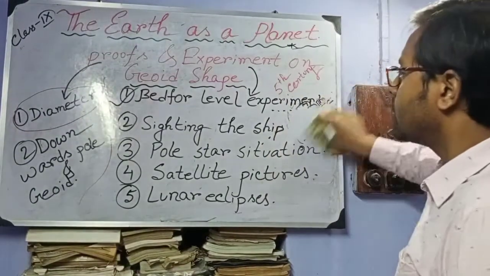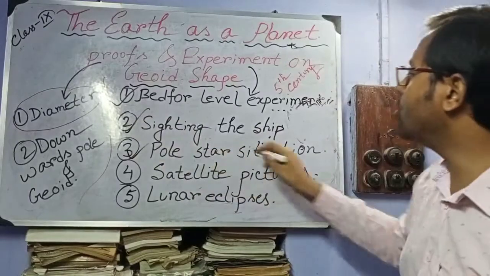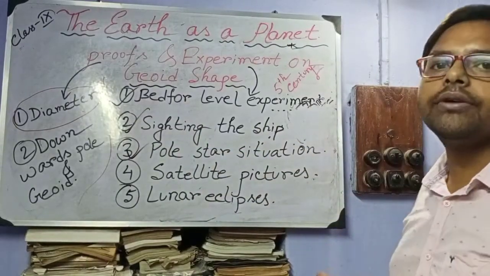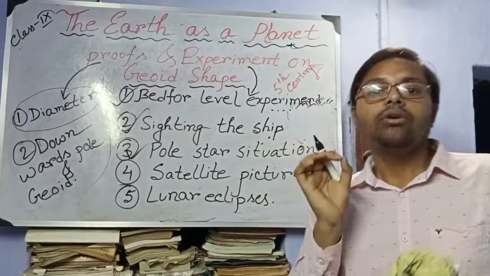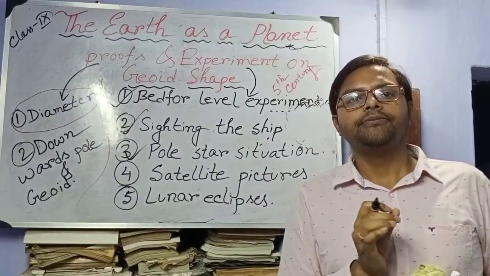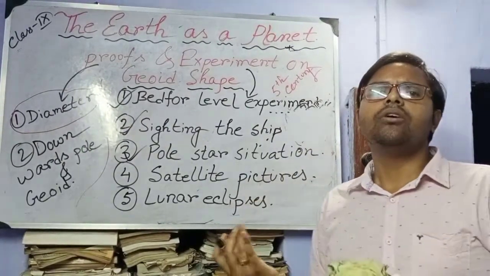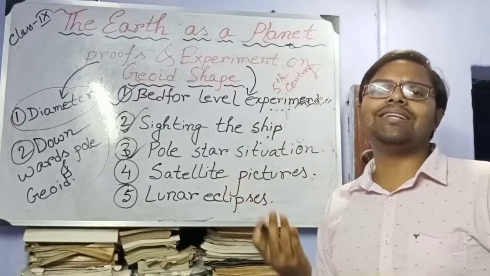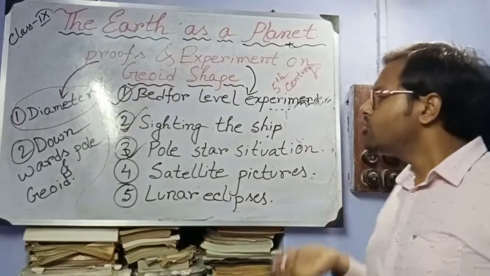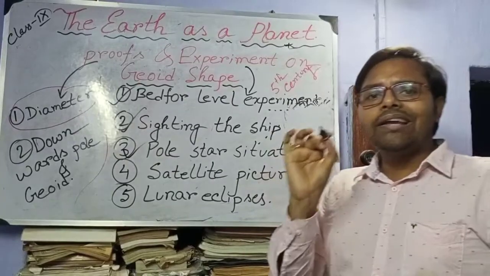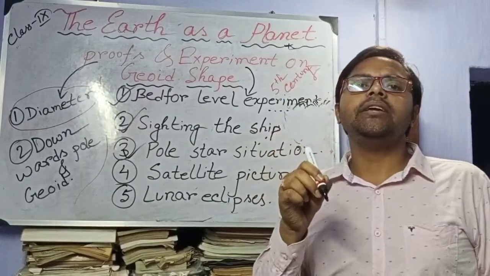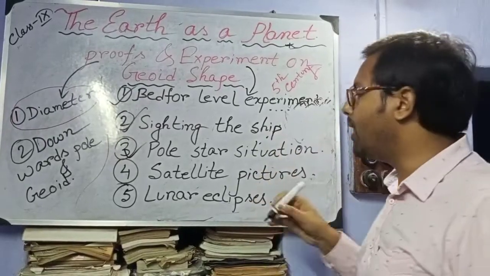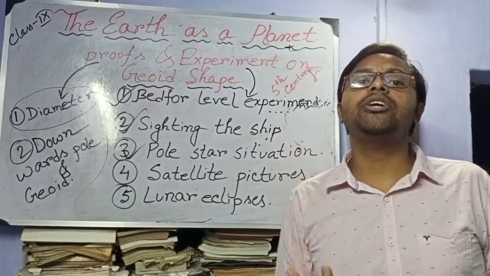Now the third one, pole star situation. What is the pole star? It is situated in the north pole, which is also known as the Venus planet, which in the evening we see in the west sky, also known as the evening star. The pole star is situated exactly 90 degrees from the pole, but it is 0 degrees at the equator.